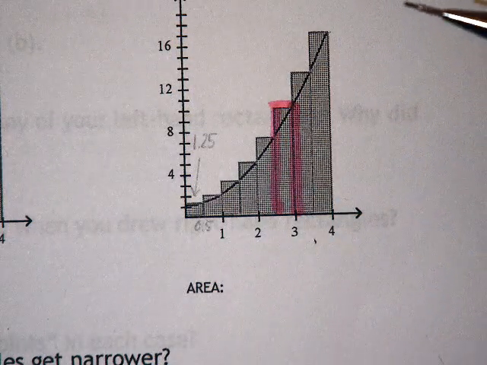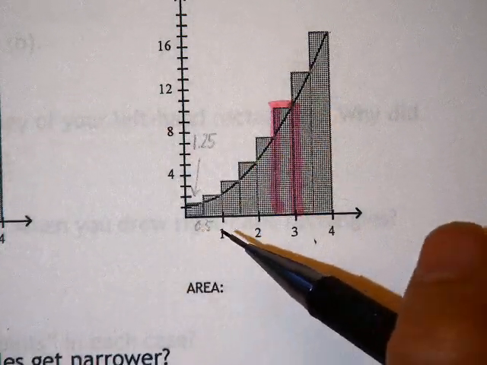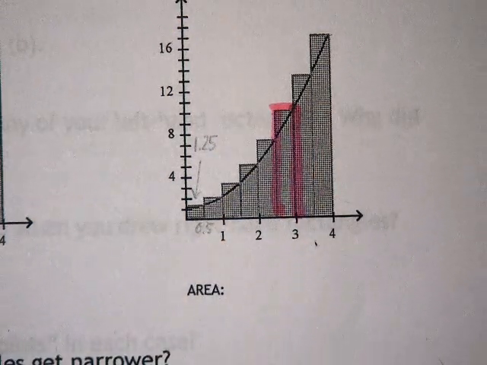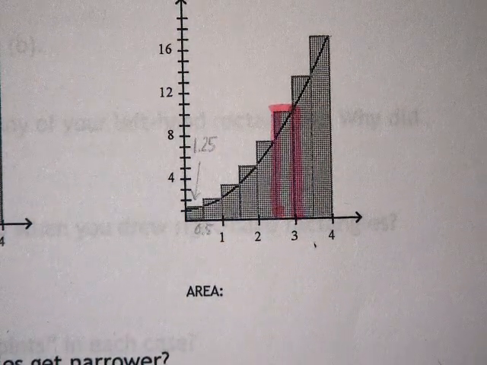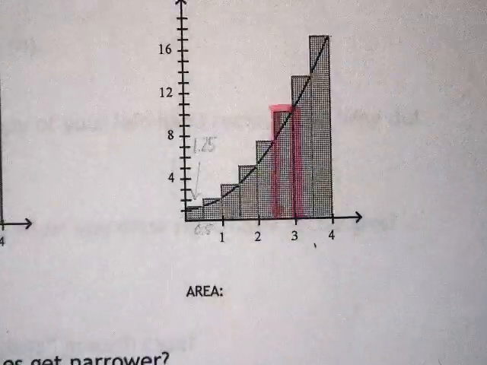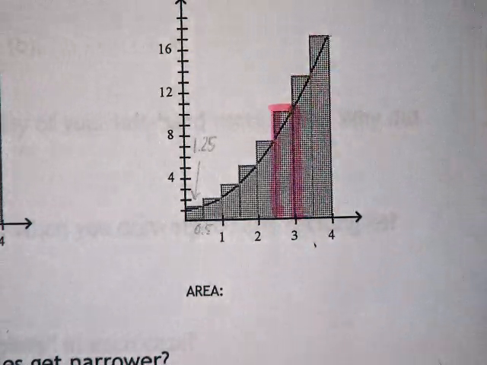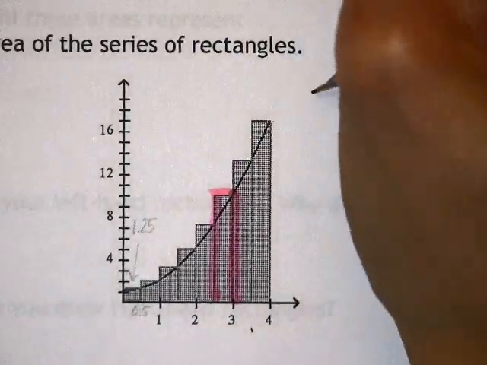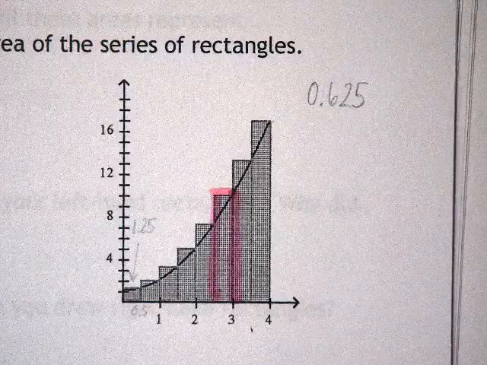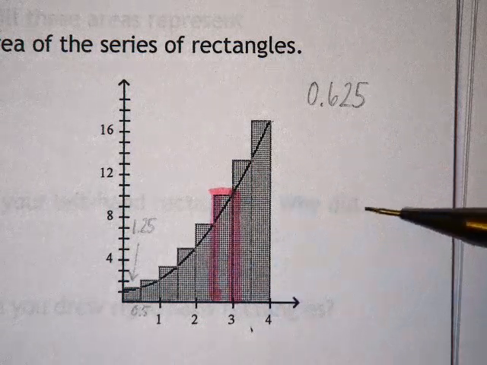Now, that means that to do the area, I'll do 0.5 times 1.25, which, if I calculate that, ends up being 0.625. So just to make sure that I'm keeping a tally here, I'm going to record that number, 0.625, and I'm going to do that same process for all of the rectangles.